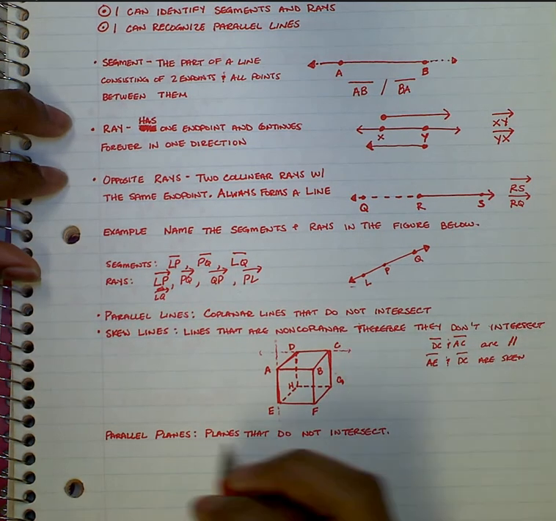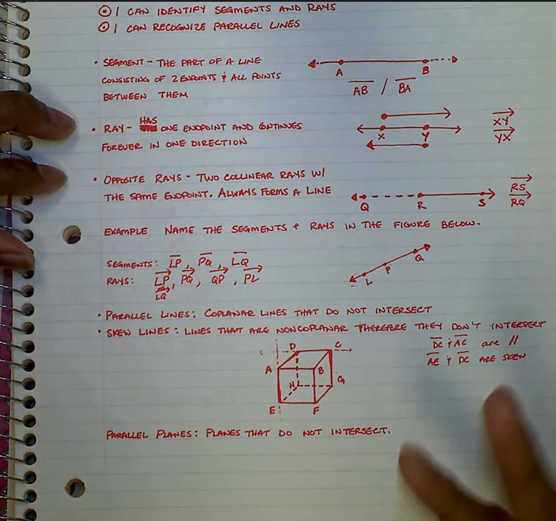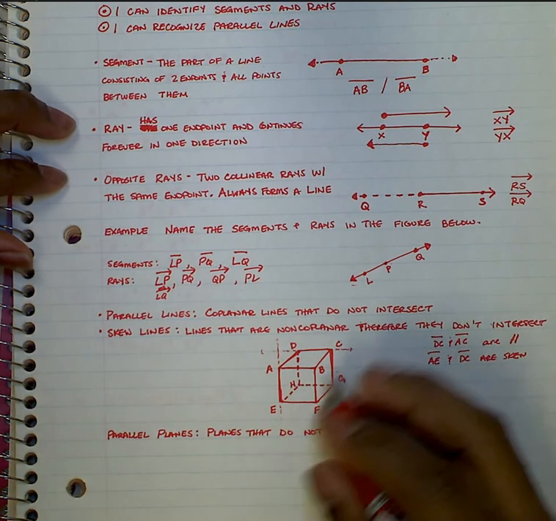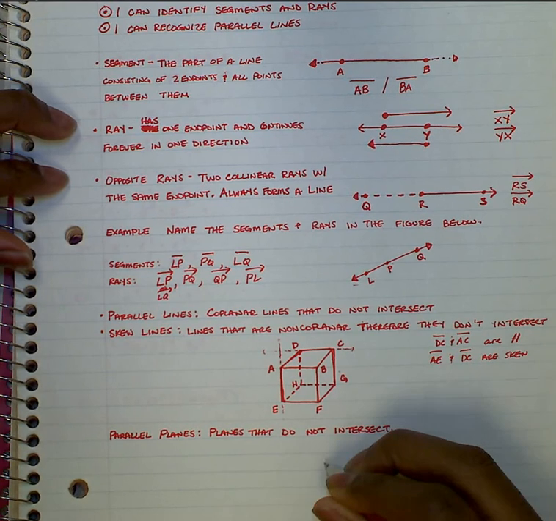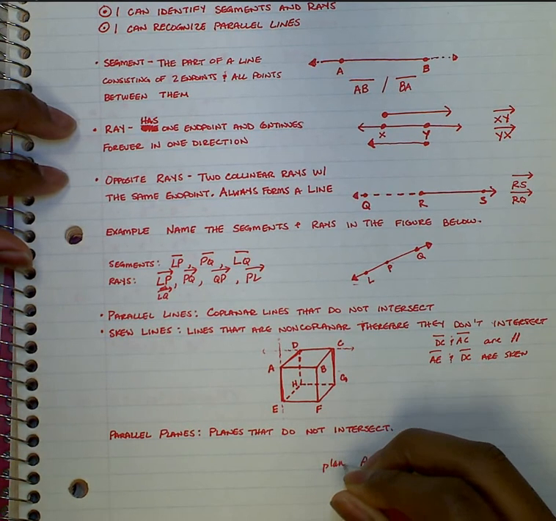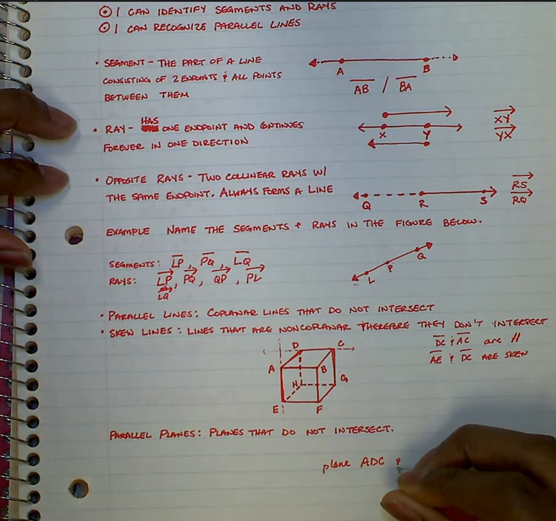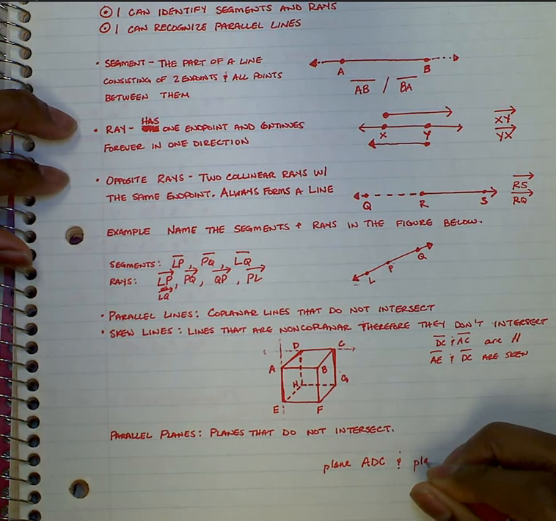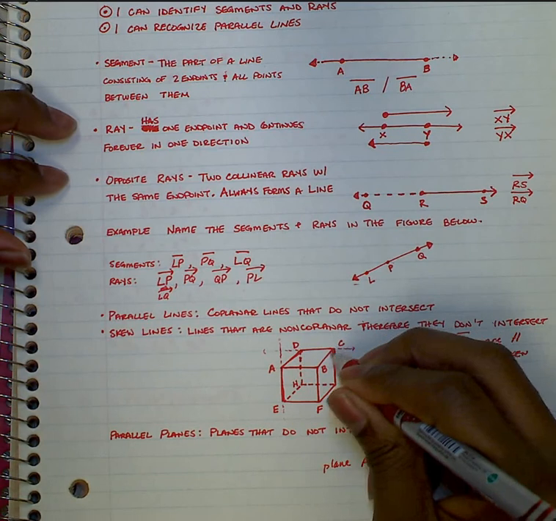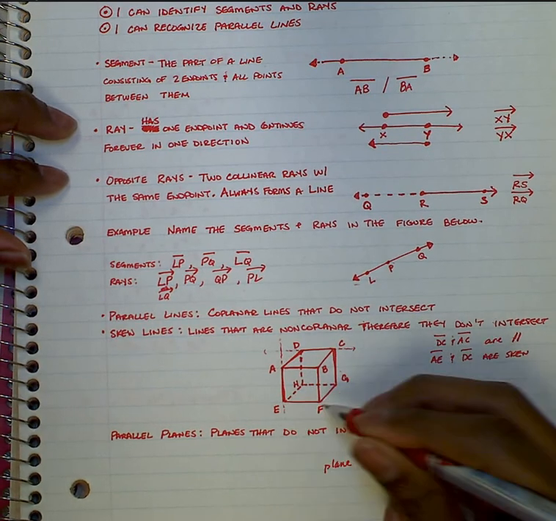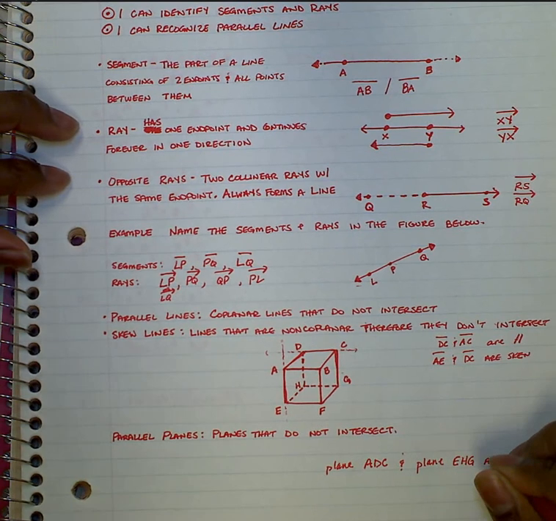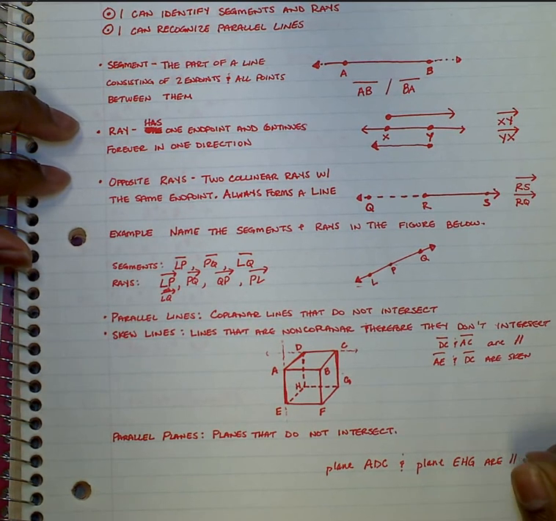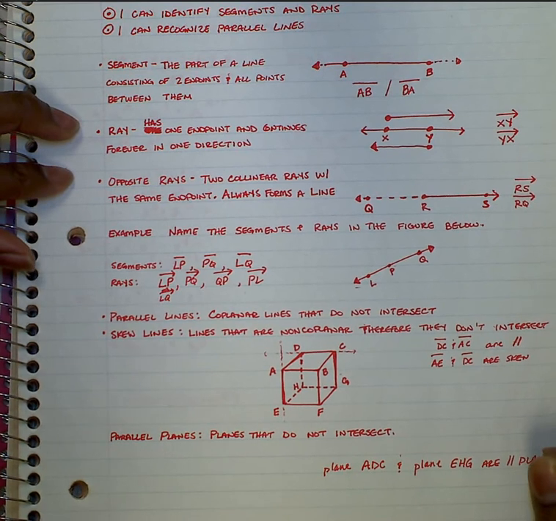And remember, when we name a plane, we name three non-collinear points, so I could say plane ADC, because ADC is the top, and plane EHG are parallel planes.